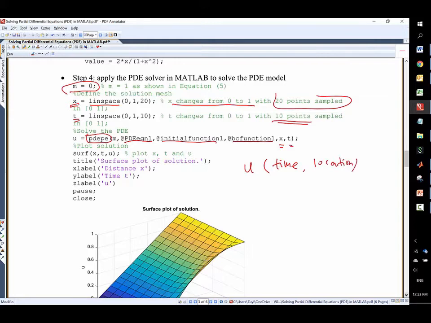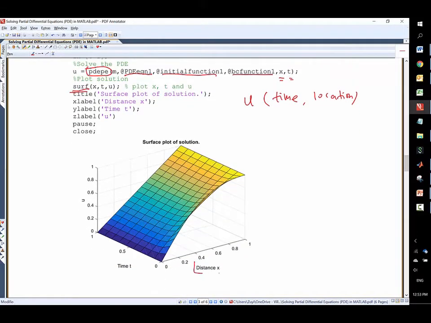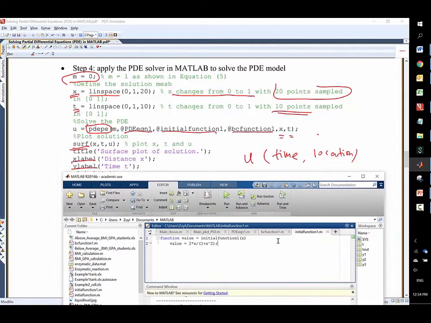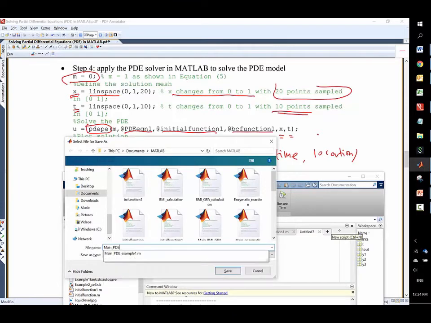Anyway, you could use this function surf to plot the 3D representation of the output. So this x, this is the time, and this is u. We could change the labels. Now let's type this in. We call this the main function, so we add a main, save it. It's main PDE 1.